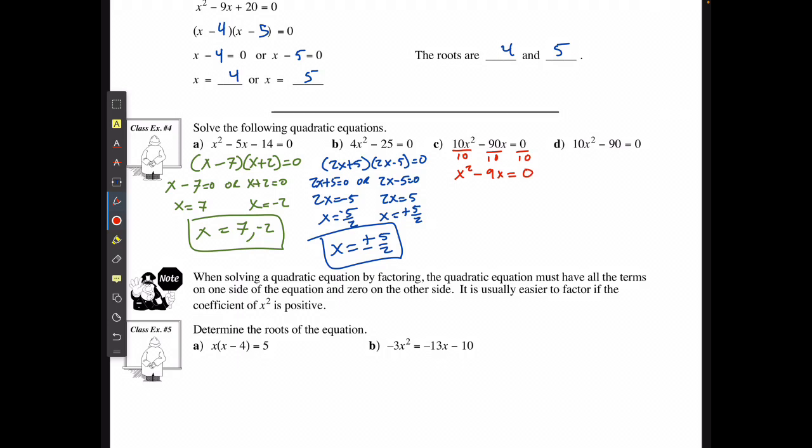I don't need to keep that common factor in brackets on the side because I just divided it out of both sides of the equation. Now, the common factor of x, I do need to keep because that's a variable I'm solving for. So I'm going to take an x out and have x minus 9 equals 0. So either x equals 0 or x minus 9 is equal to 0, which means that x would equal positive 9 in this case. X is equal to 0 or 9.